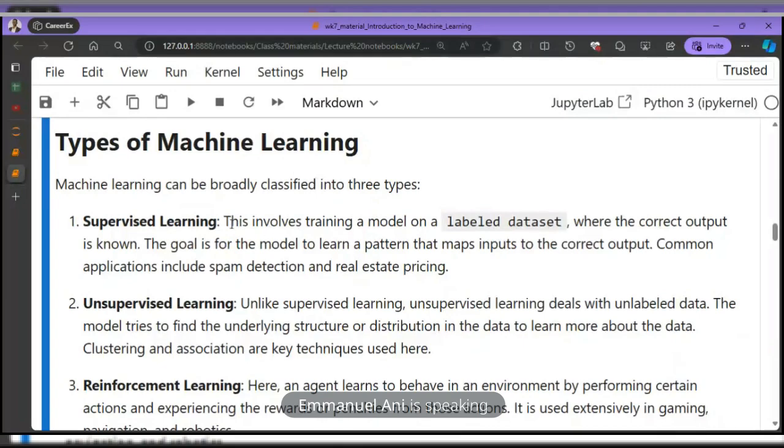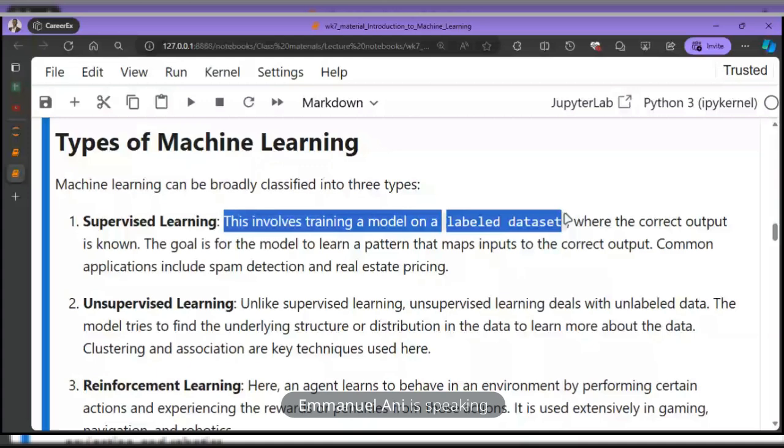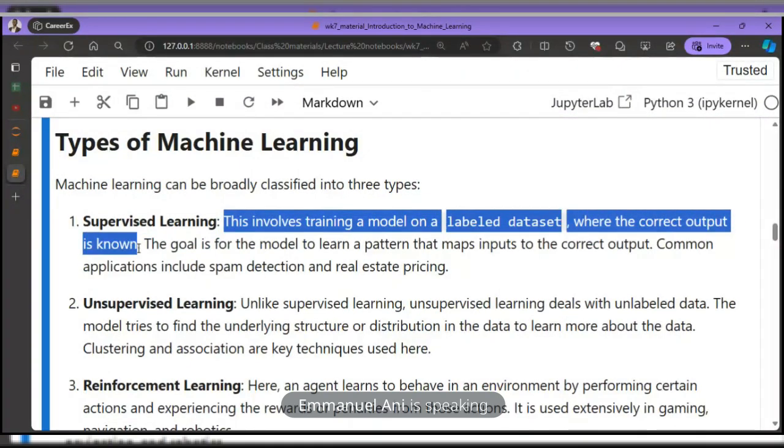So this involves training a model on a labeled data set where the correct output is known. All right, so the output in this case can be what I just mentioned. The output can also be, let's say you want to predict the price of a house based on certain features in that house. Let's say the number of bedrooms, the number of stories, the distance from city, if there is water available, and how old the house is, and all of that. So all these things are features that you can use to predict the price of a house.